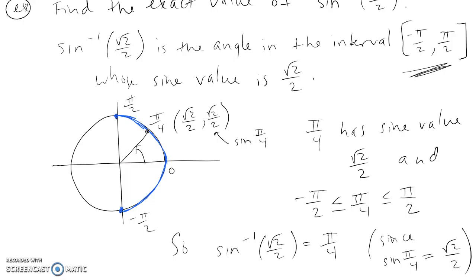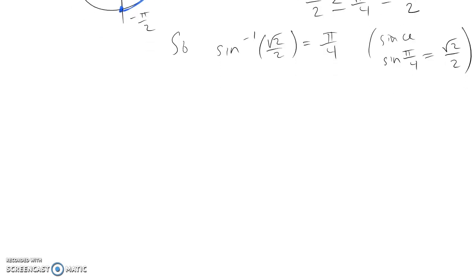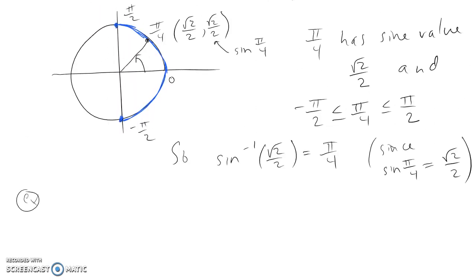All right, now what if you're asked instead about sine inverse of negative square root of 2 over 2? Actually, I want to leave my unit circle here. You might say, well, I know that right here there's an angle that has x coordinate square root of 2 over 2 and y coordinate negative square root of 2 over 2.